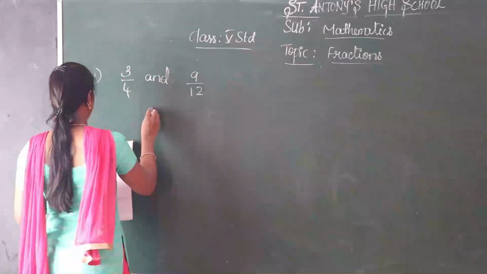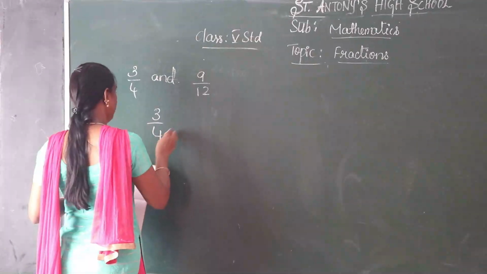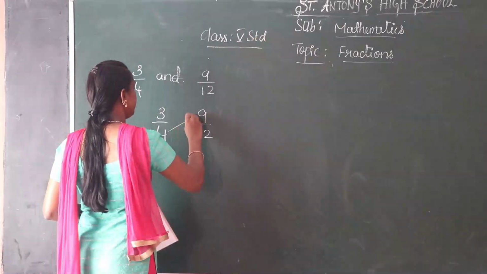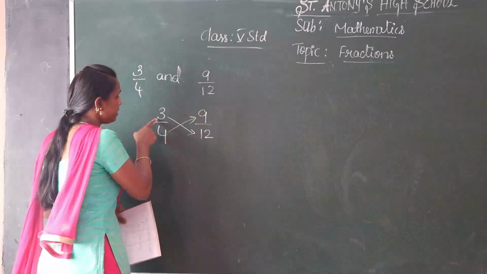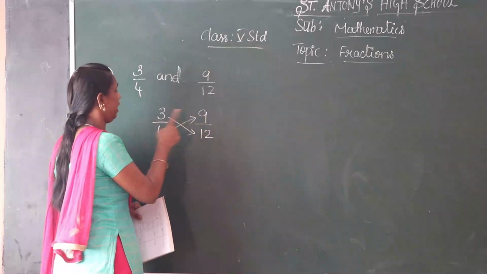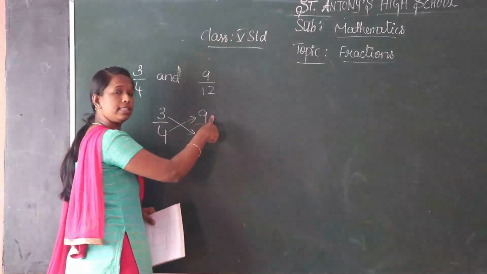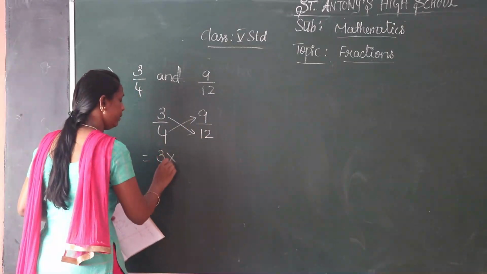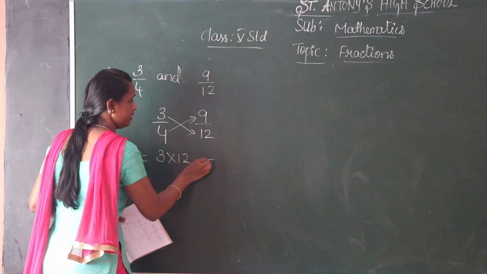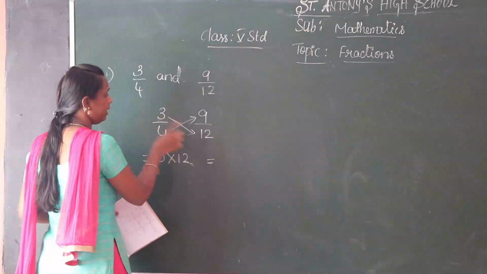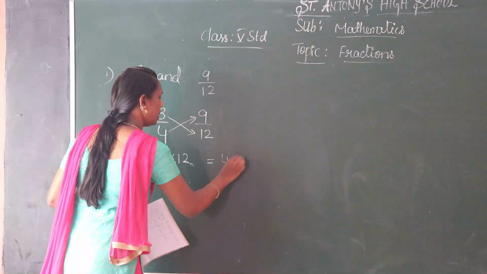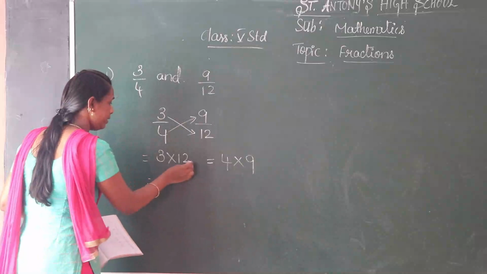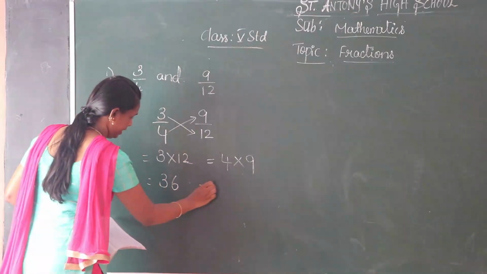So we have to cross multiply. First write 3 by 4 and 9 by 12. Cross multiply: this numerator into this denominator and this denominator into this numerator. Write equals: 3 into 12 equals 4 into 9. 12 3s are how much? 36.